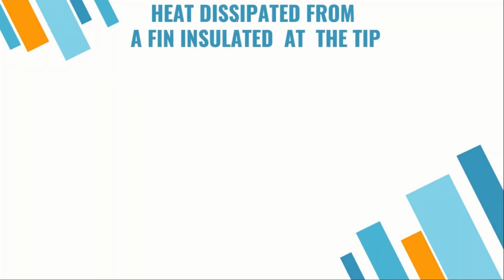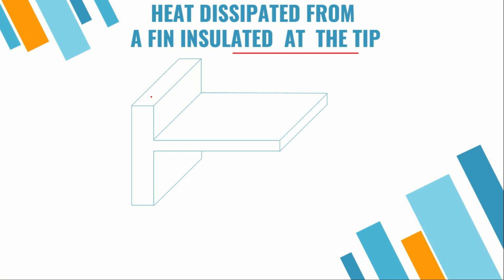So now let us start the topic. My topic is heat dissipated from a fin insulated at the tip. First of all, we will be looking at how a fin looks like. This is the basic diagram of the fin, and this is the wall of the fin. I am shading the area.